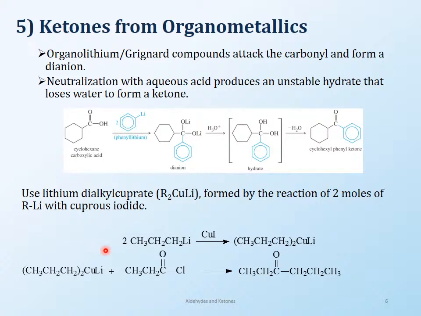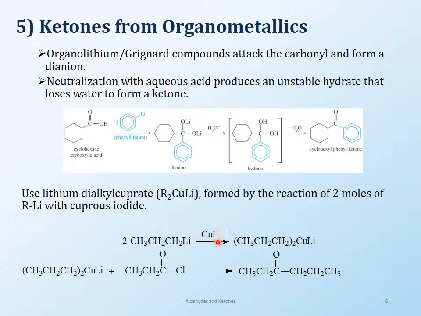And here is the one if you use the dialkyl cuprate reagent. The way you make the dialkyl cuprate reagent is starting from this compound, which is an alkyl lithium compound. You treat that with copper iodide. The way you make this, by the way, is from alkyl halide and lithium, just like you made it before with the Grignard reagent.